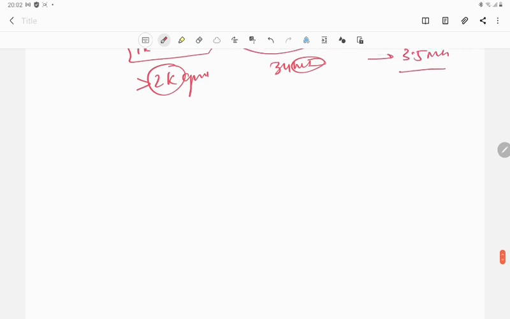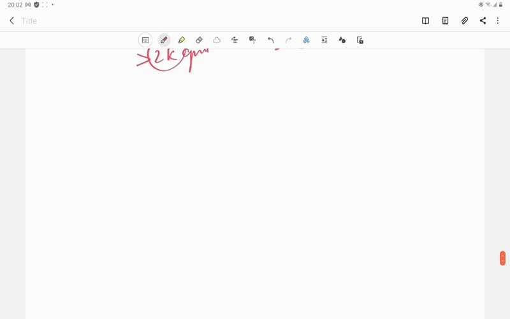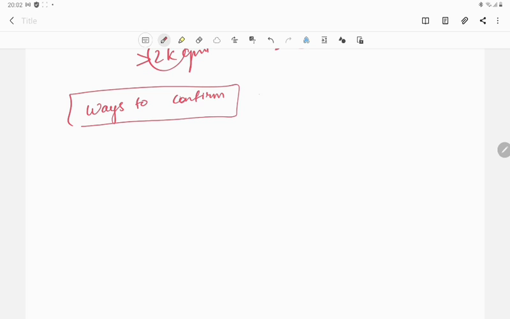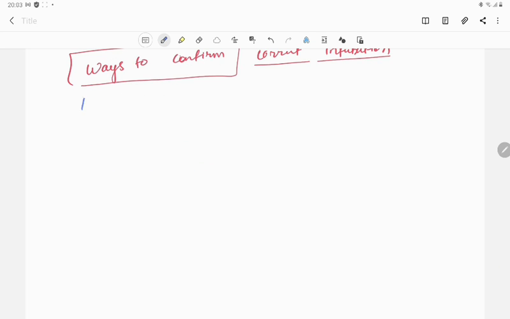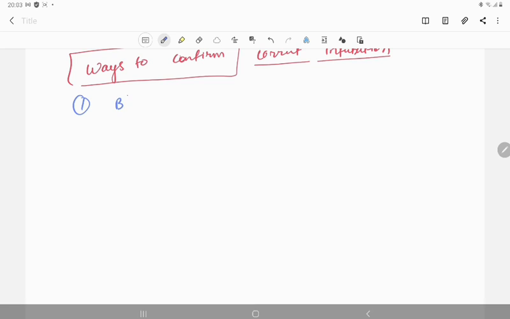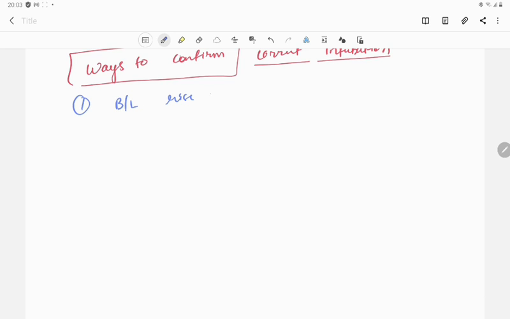Now that you have intubated the baby, how would you check if the intubation has been done properly, or how would you confirm whether the ET tube is in the trachea? Ways to confirm correct intubation, right? Ways to check or confirm the correct intubation. Okay, so the first thing that you can see is that there is bilateral rise in the chest, right?